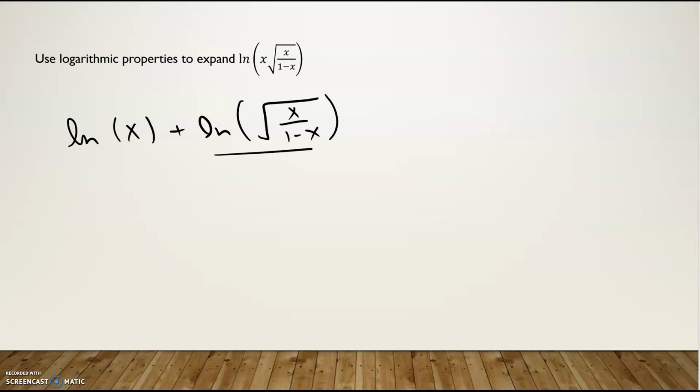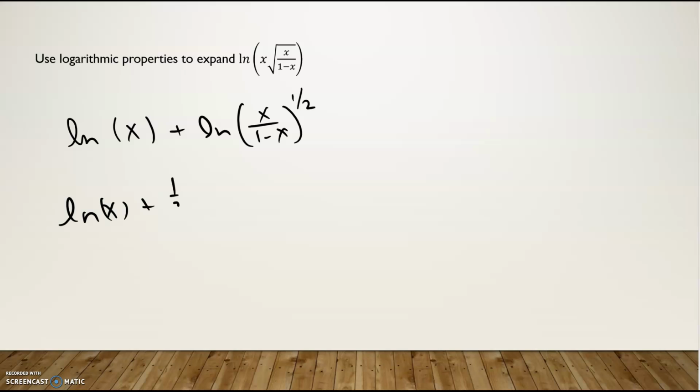Then I need to deal with this one right here, and I'm going to go ahead and change it to being raised to 1/2. So this whole thing being raised to 1/2, and let me move it closer. Okay, so I can go ahead and move the exponent to the front.